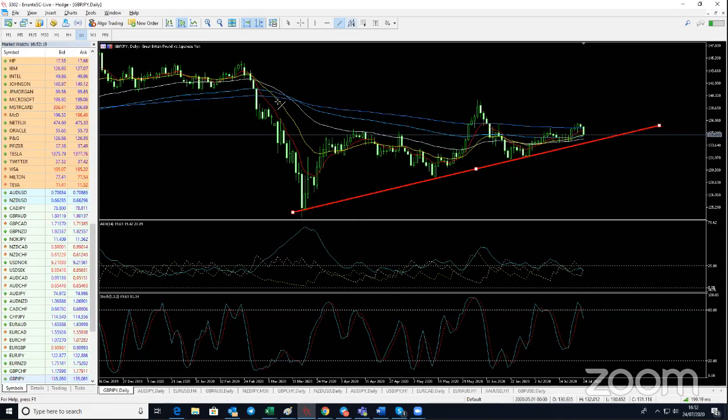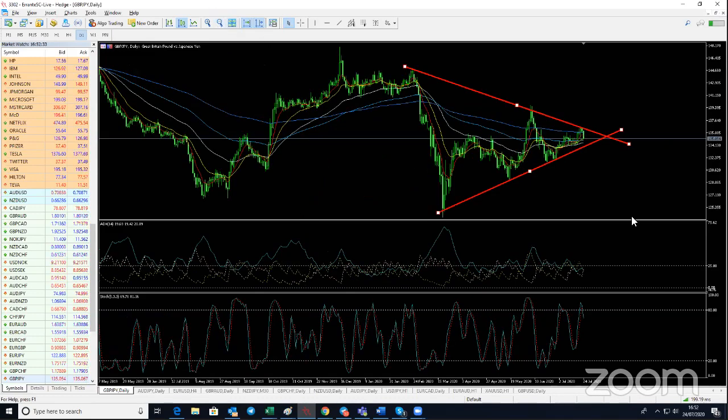And then we have a nice symmetrical type triangle. Symmetrical triangle usually tells us continuation of trend. If you look at it here, you've got higher high, higher lows here, higher high, but then that one went downward.